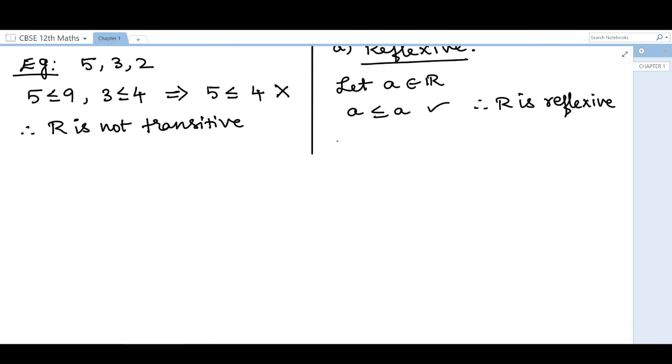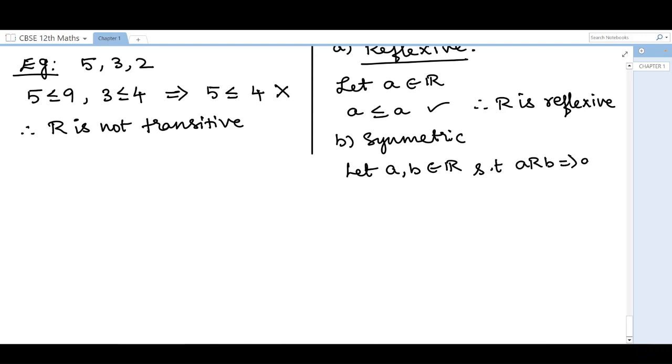The second one is symmetric. So, if you take two real numbers such that A is related to B, which implies A is less than or equal to B. Now, what we have to verify is B is less than or equal to A. Clear? This is true only when A and B are equal.